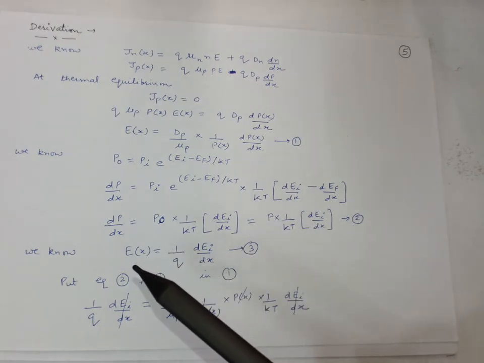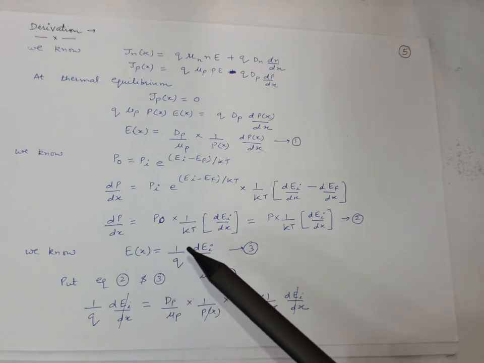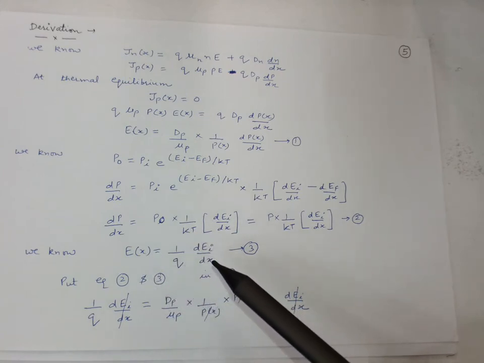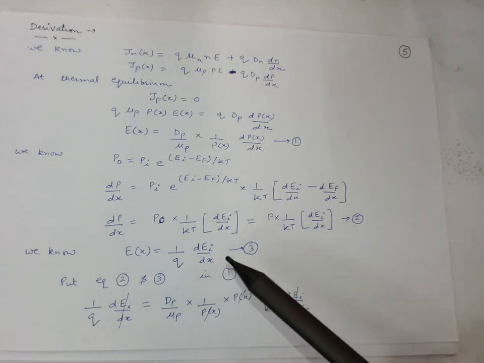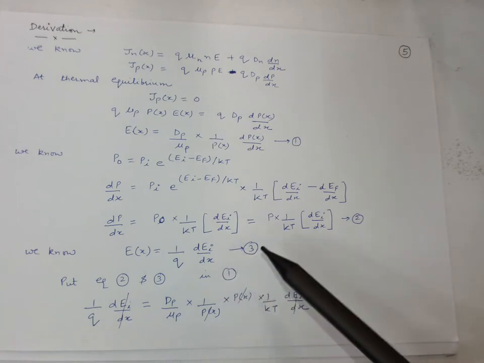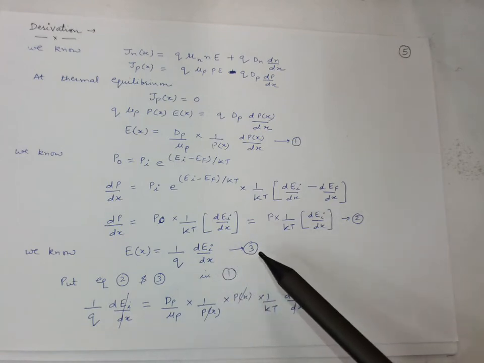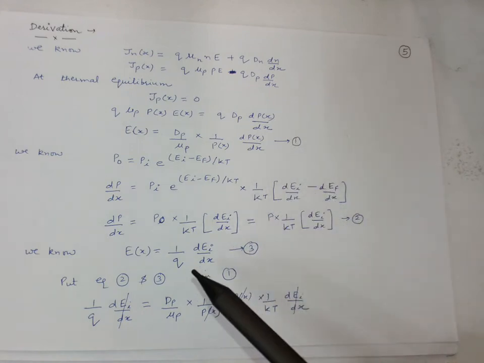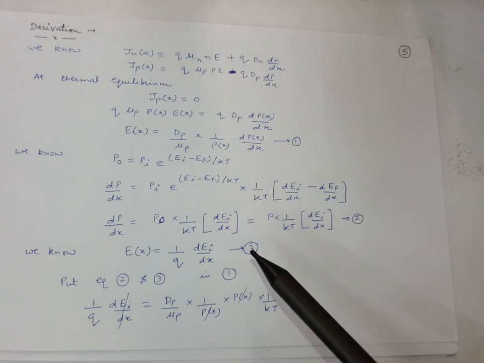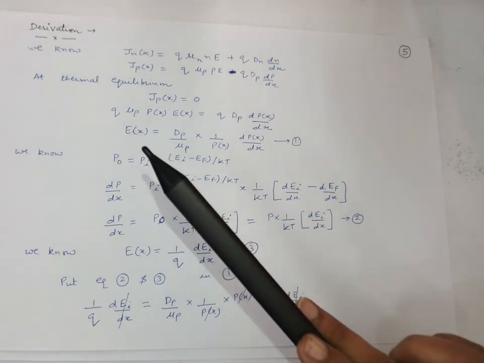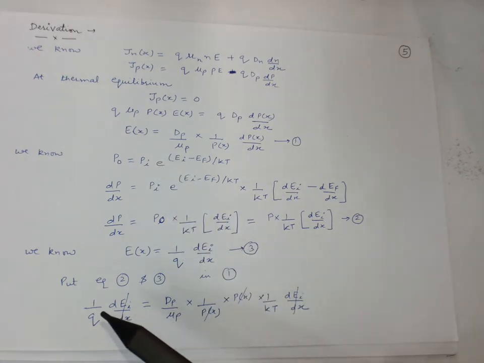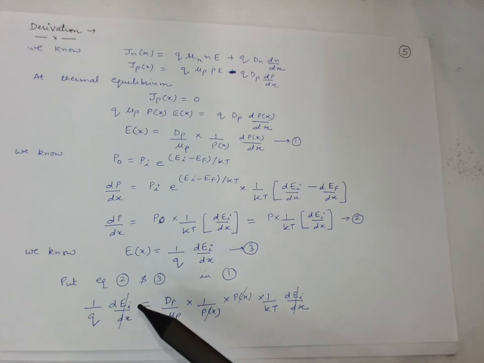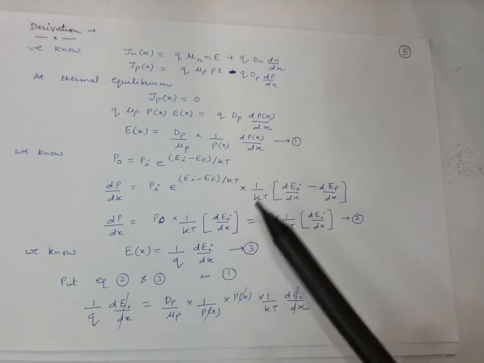Now we all know that E of x is equal to 1 upon q dEi upon dx. I put this equation as 3, and now I am substituting both 2 and 3 into expression 1. So the value from expression 3 is placed in E of x, which is equal to 1 upon q dEi upon dx, and this is expression number 1 as it is.